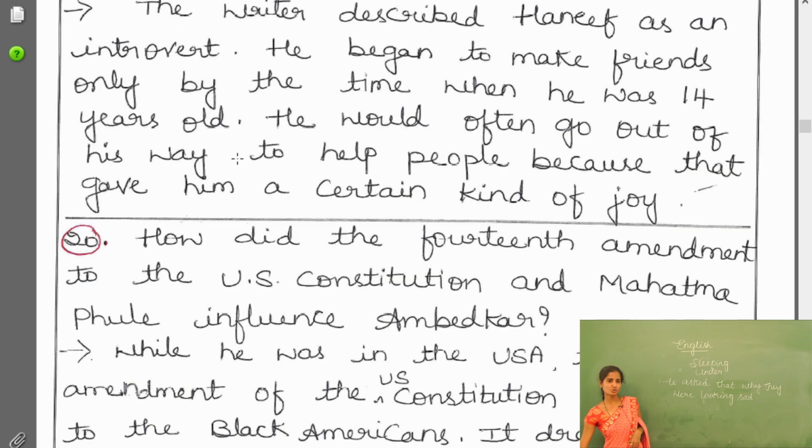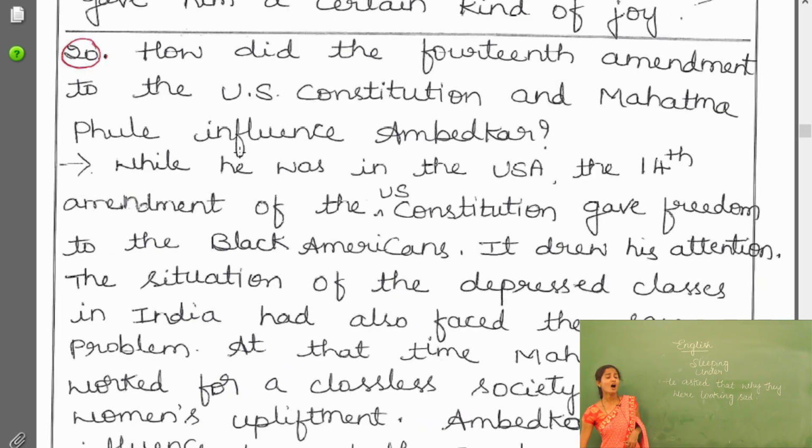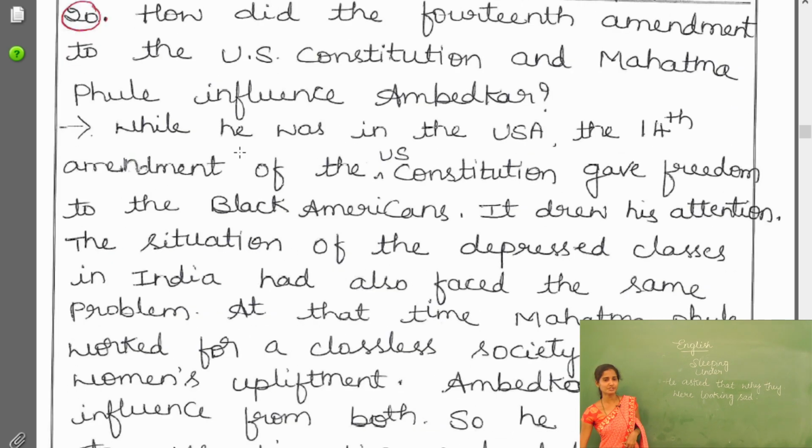And the next question, the 20th question, is: how did the 14th Amendment to the US Constitution and Mahatma Phule influence Ambedkar? Yes, obviously, both influenced Ambedkar because he started to think about the depressed classes. He decided to devote his whole life and time to working for the upliftment of the depressed classes.